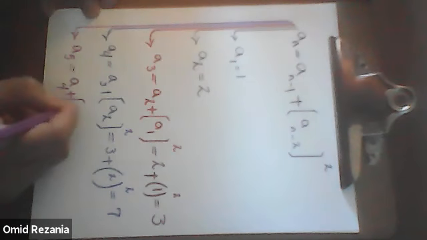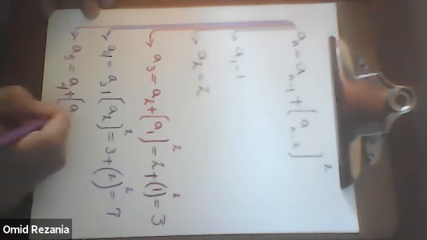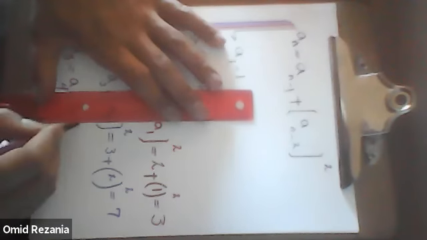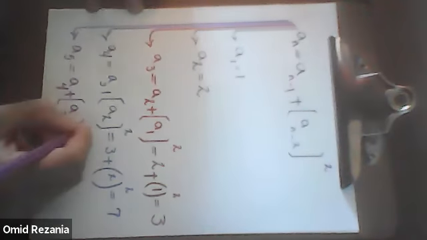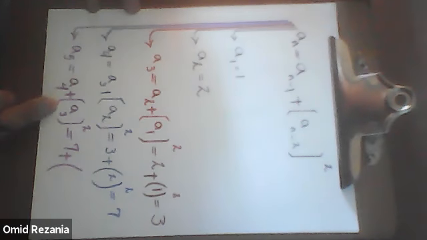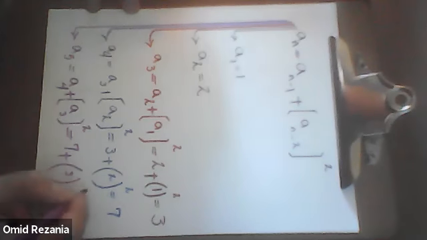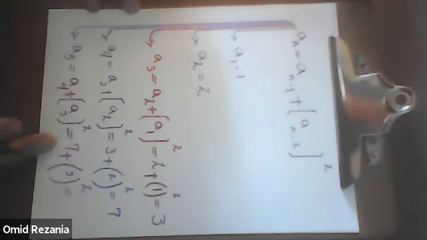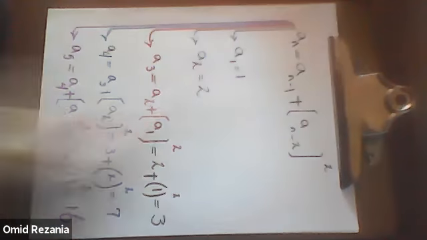We get A4, the prior element, plus A3 to the power 2. How much is my A4? I got it at the previous step, it was 7. And A3 is 3, which I got previously, to the power 2. Becomes 7 plus 9, which is 16. And you can continue like that.